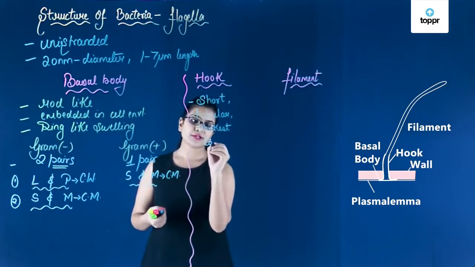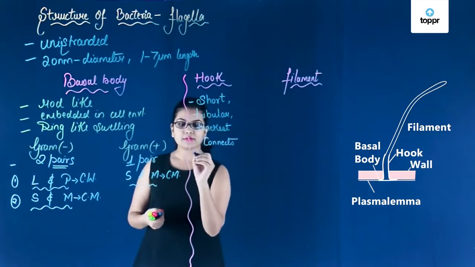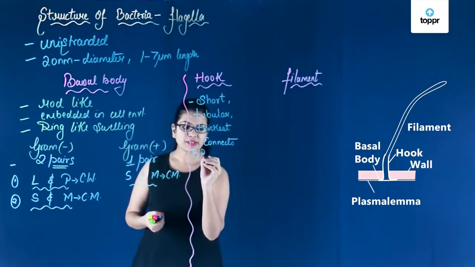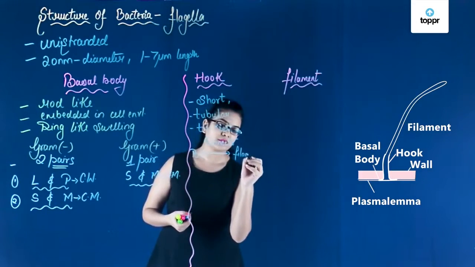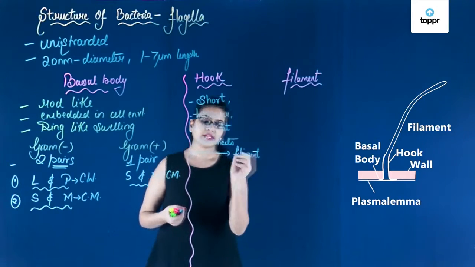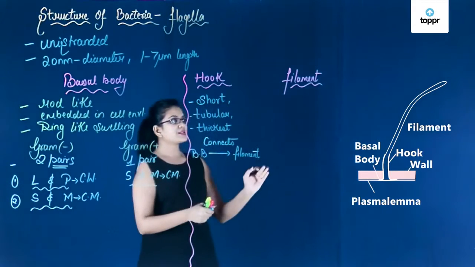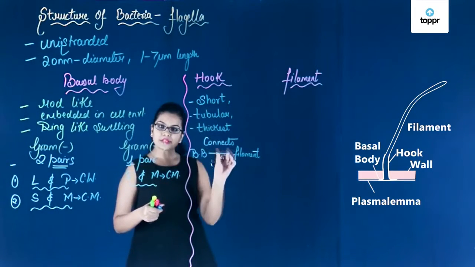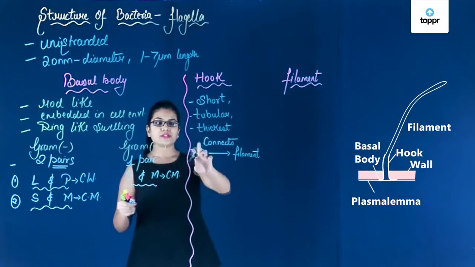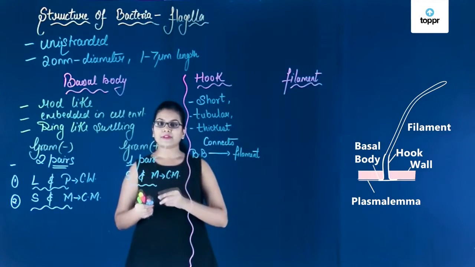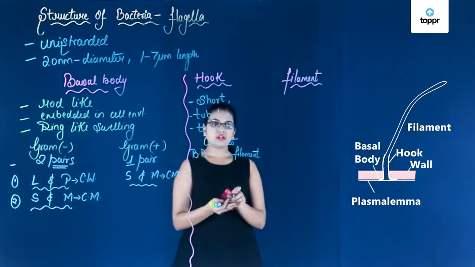It connects the basal body, writing as BB, with the filament. You can see in the figure as well that the hook is a curved structure. This curved structure is short, tubular, and the thickest part of the flagella, which connects the basal body with the filament. So this is all about the hook.